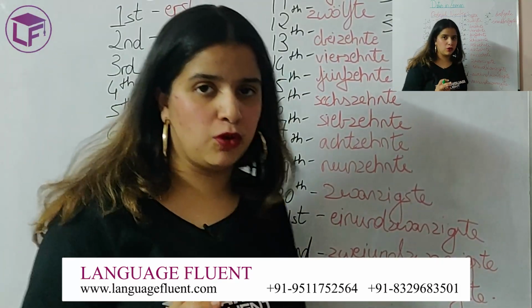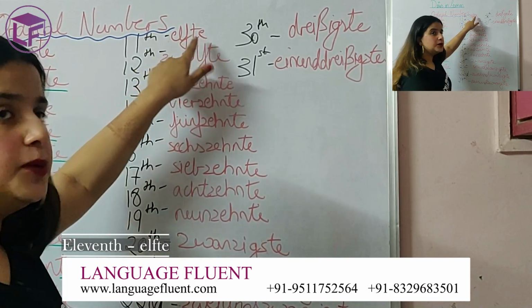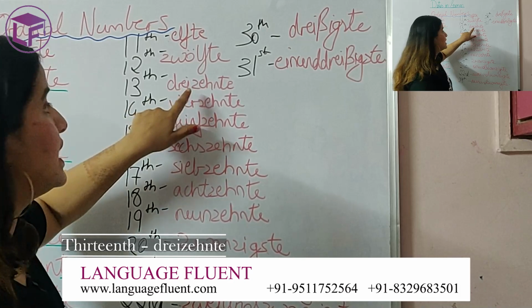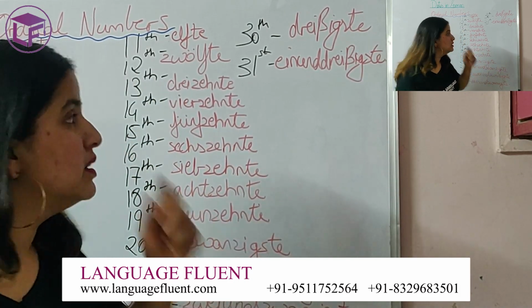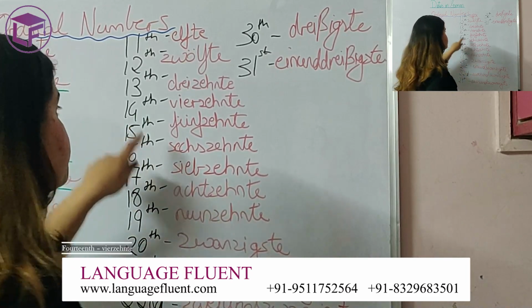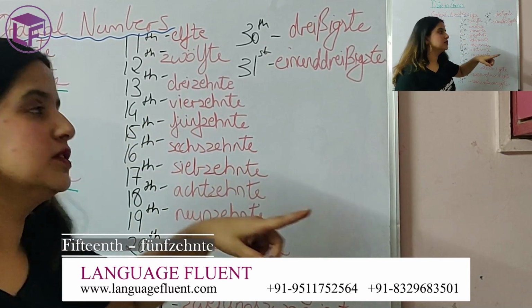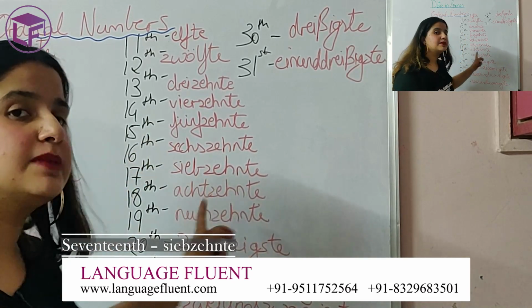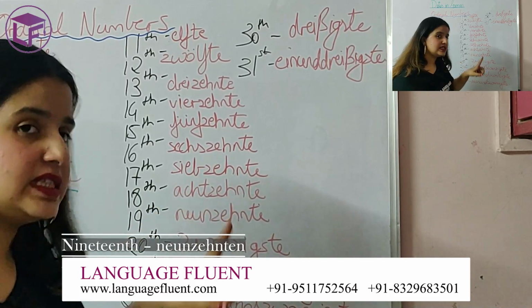Now 11 onwards. 11th, 12th, 13th, same as the number itself, only we have to add TE. So 13th, 14th, 15th, 16th, 17th, 18th, 19th.